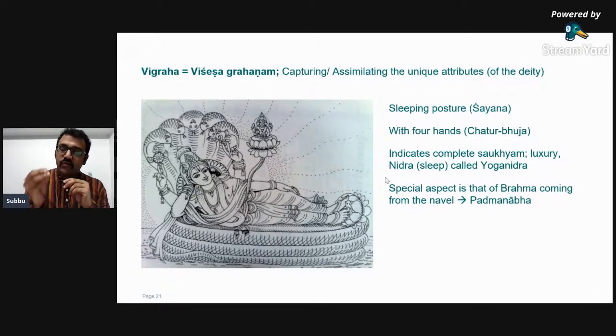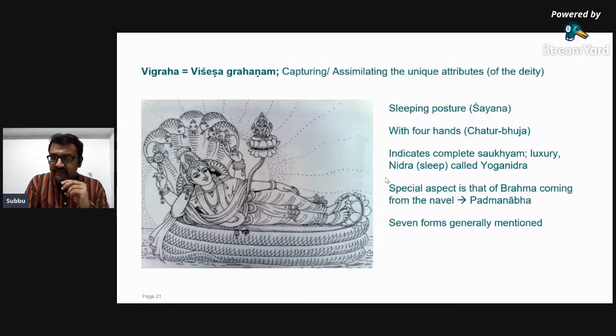So here both the sustaining aspect as well as the creative aspect of the Lord are combined in this Shayana posture in most of the times. Generally, there are many forms in the Shayana posture, but typically we find seven forms that are generally seen in the Shayana posture.